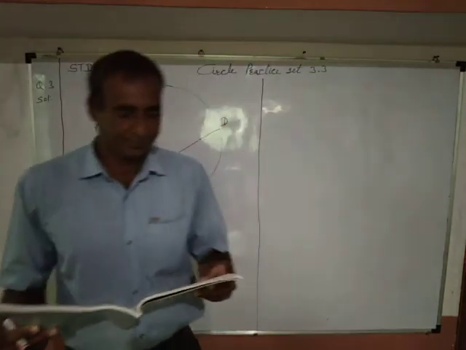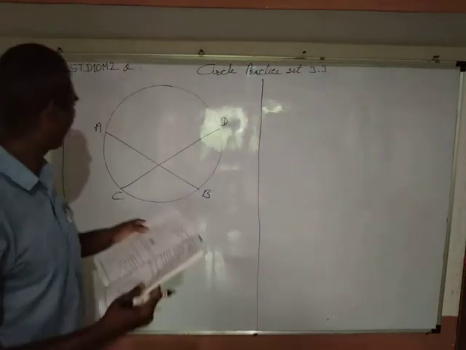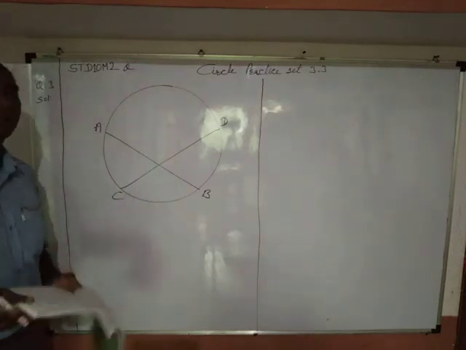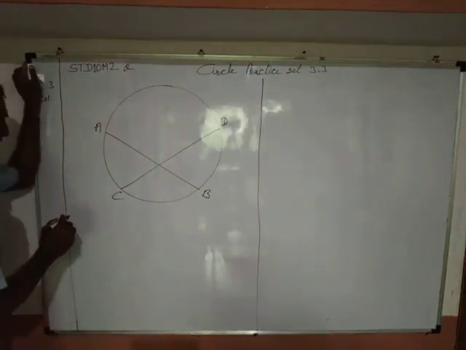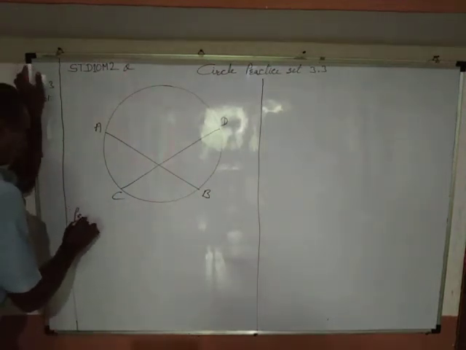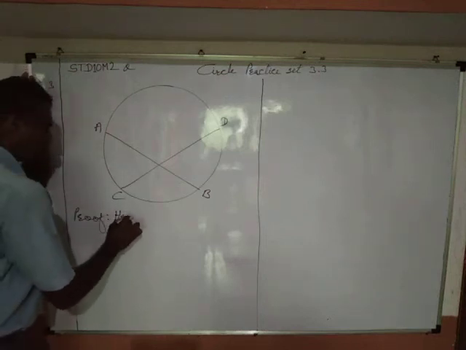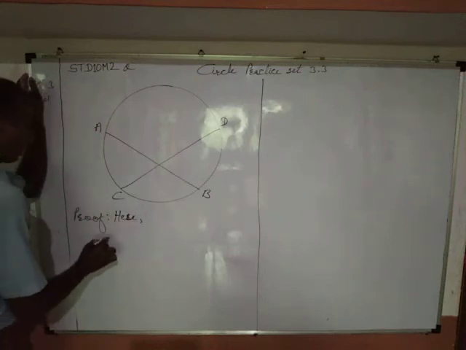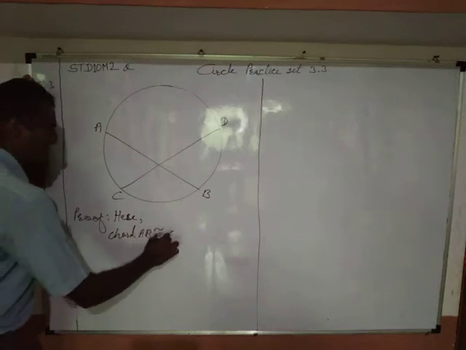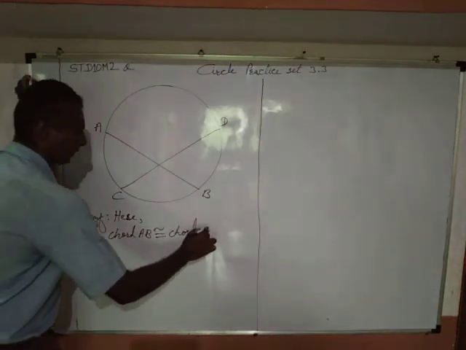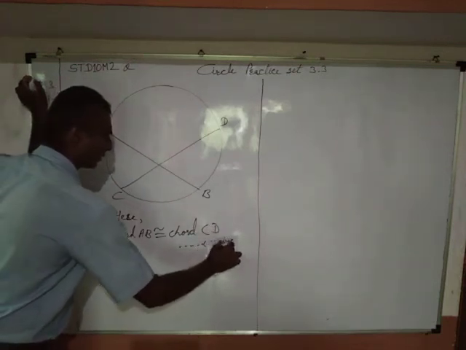Question third. In the figure, chord AB congruent chord CD, prove that arc AC congruent arc BD. Proof. Here chord AB congruent chord CD, since given.